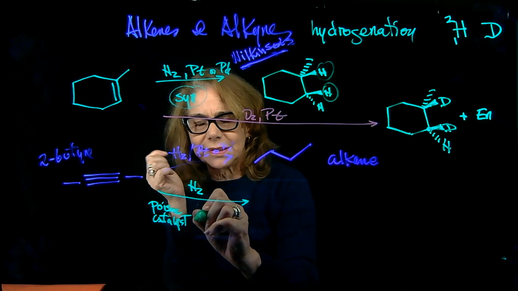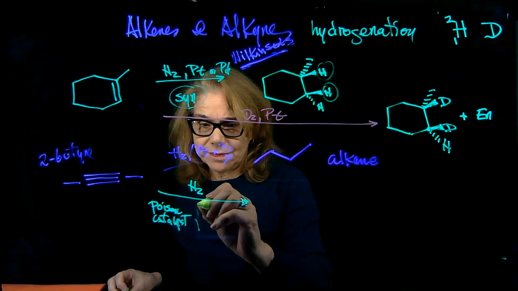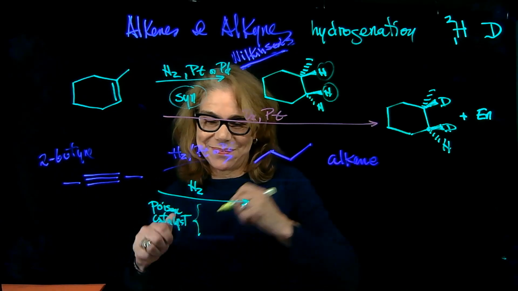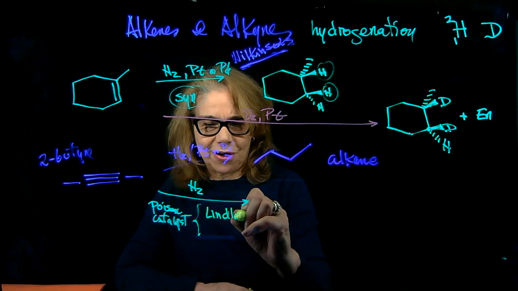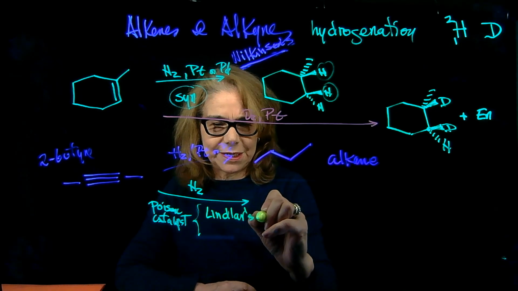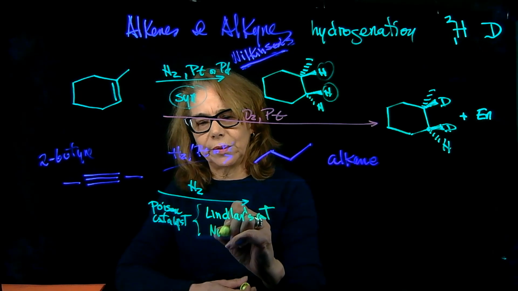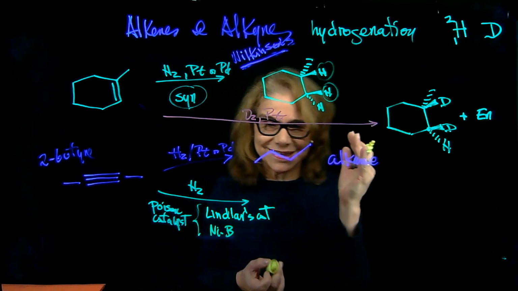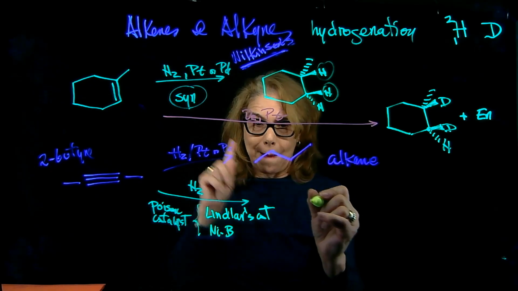Poison catalyst examples are Lindlar, and here we need to remember that name, Lindlar's catalyst. We can also have other nickel boron catalysts.